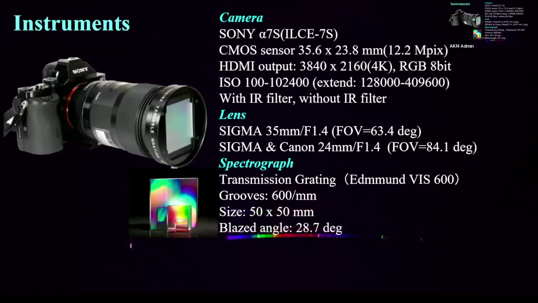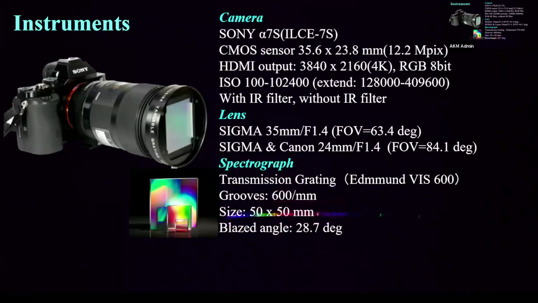Thanks for introducing the same camera, Sony Alpha 7S. We are using the same camera with an IR filter and without an IR filter. We basically use two kinds of lenses, Sigma or Canon 35 and 24 millimeter lenses, which correspond to 63 or 84 degree diagonal field of view. The spectrograph is a commercial one provided by Edmund, VIS 600 grooves per millimeter.